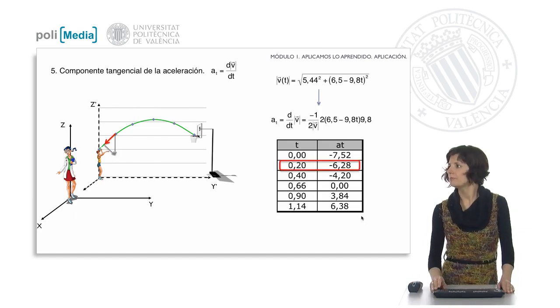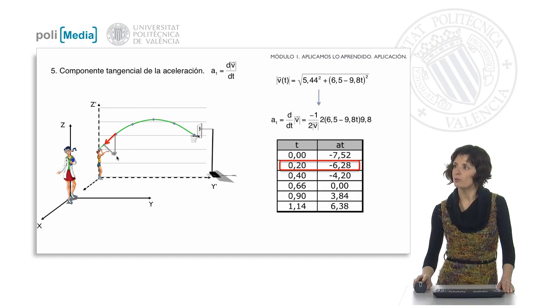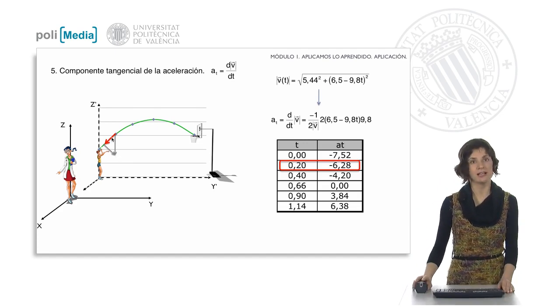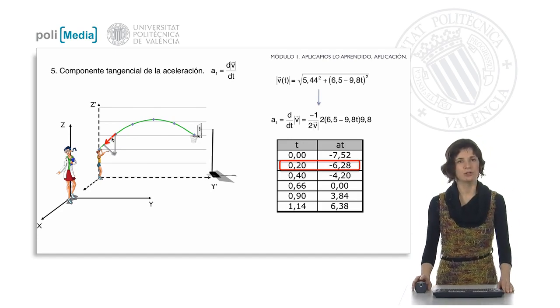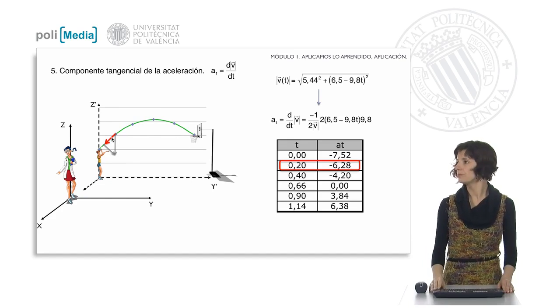I can observe that at the beginning this tangential acceleration is negative. If I look at this point of the trajectory, this is the total acceleration vector, which we have said was vertical and downward. And if I decompose it into tangential component and normal component, I see that the tangential acceleration is negative, since it goes in the opposite direction to that of the movement.